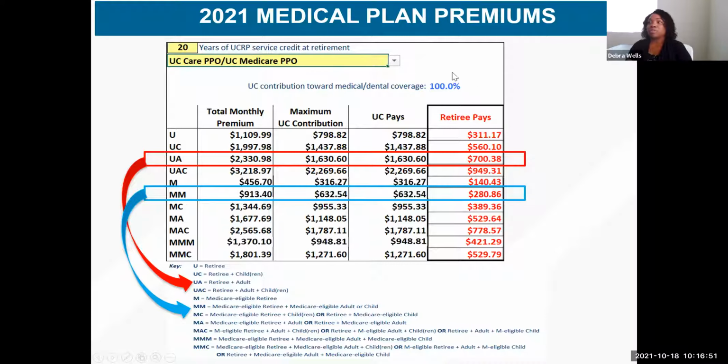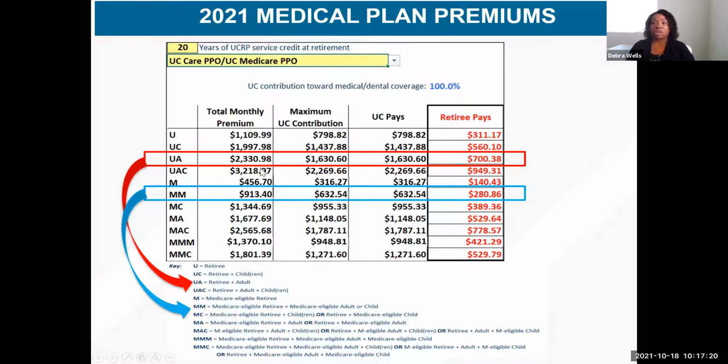Now, 100% of the UC contribution does not mean 100% of the premium, so I like to clarify this. There's a premium that's attached to each medical plan. UC is charged this premium based on your family members that you have enrolled. So in this example, I'm using UA, which is a retiree plus adult that's not in Medicare.